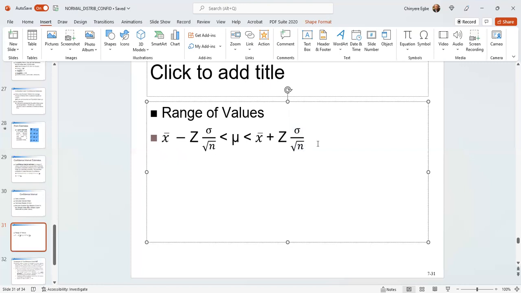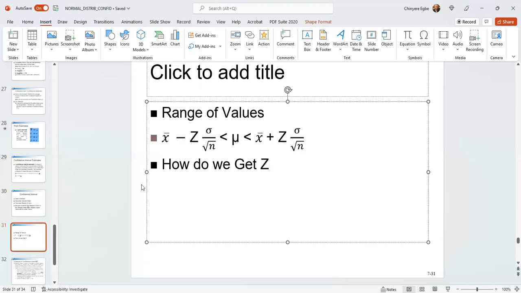And so we're going to do an example that enables us to solve the problem in the homework assignment. So the question is, how do we get Z? Z comes from the normal distribution table. How many standard deviations away are we looking at?